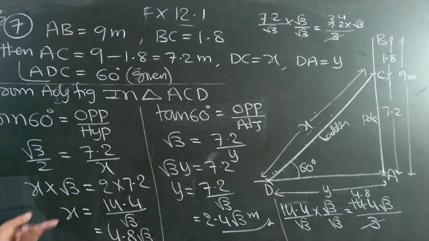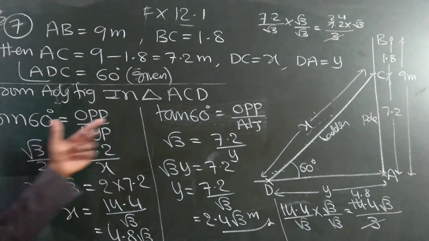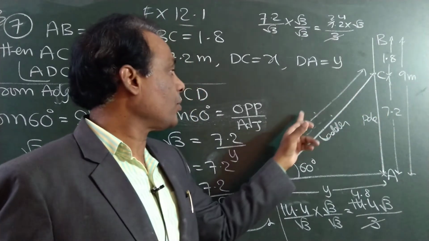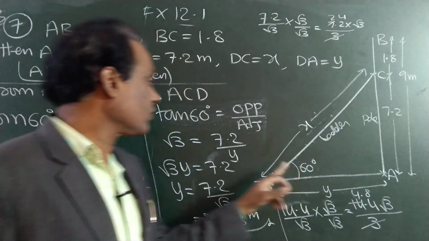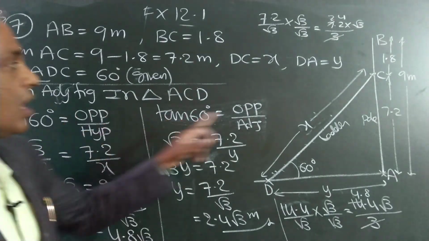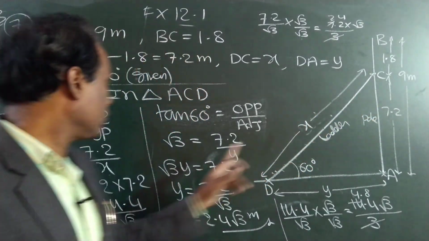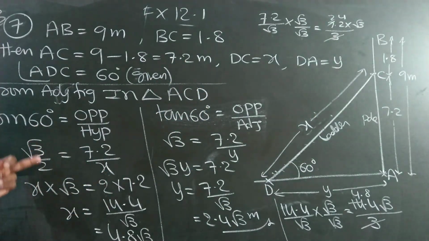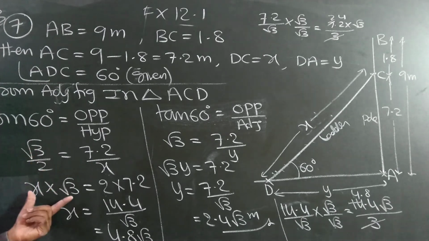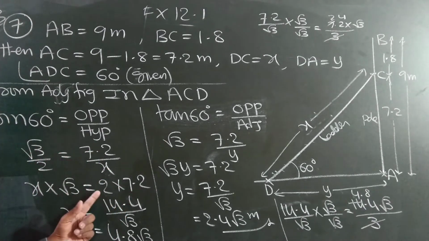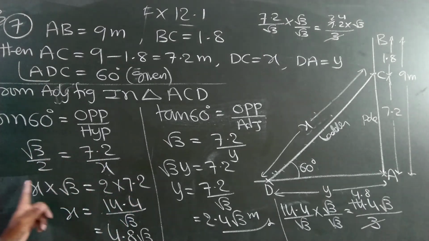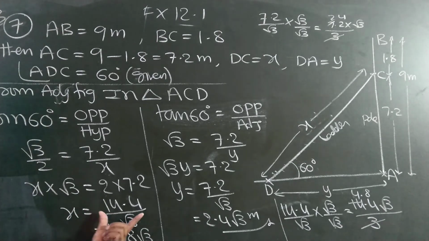For the first, I used sine: opposite by hypotenuse is equal to sine 60. Opposite is 7.2, hypotenuse is x, sine 60 is root 3 by 2. X into root 3 is 2 into 7.2, so 14.4 by root 3. You can leave this or rationalize it.